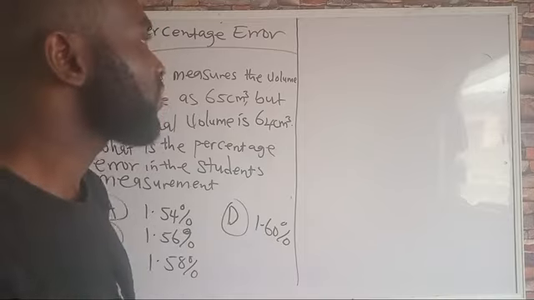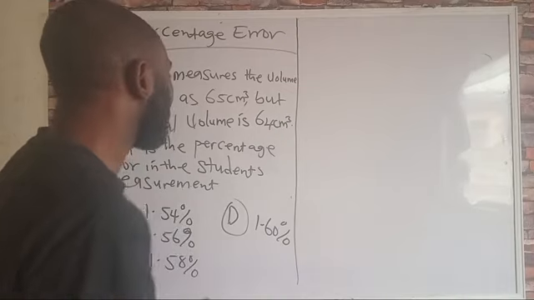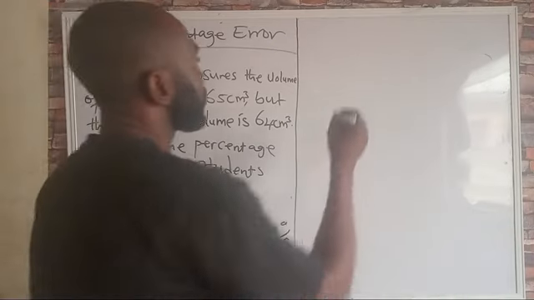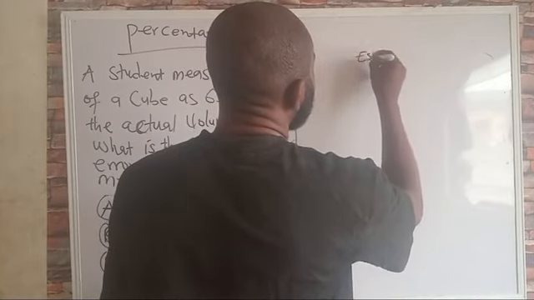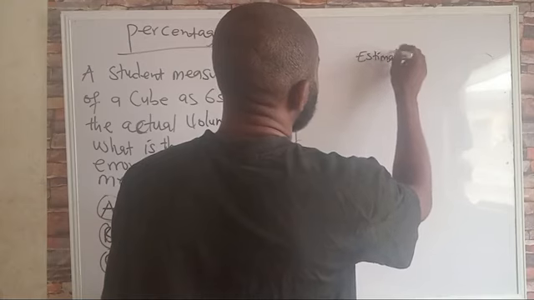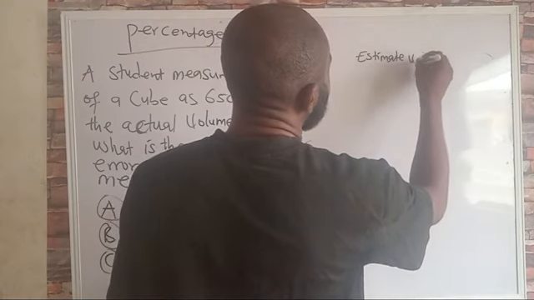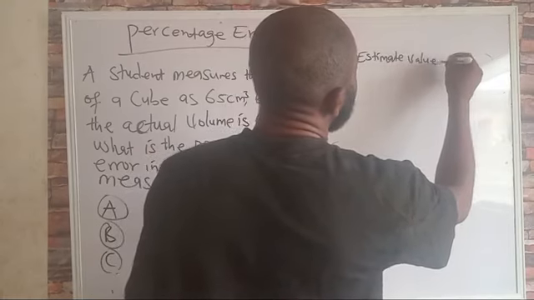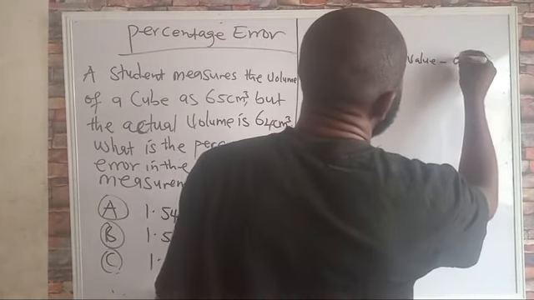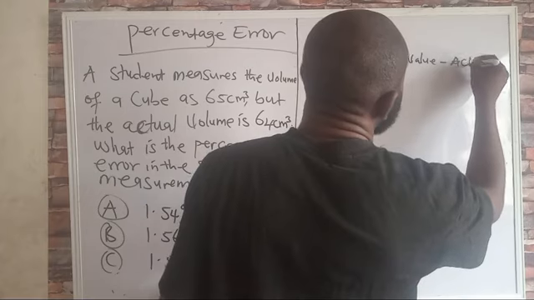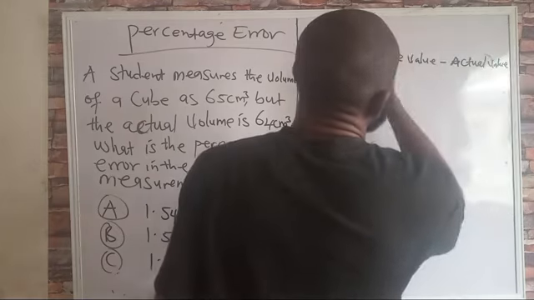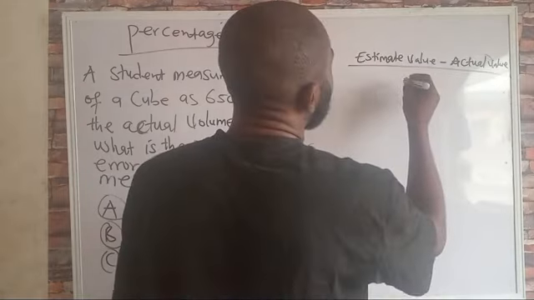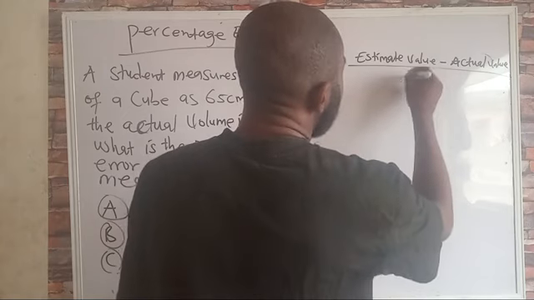So this is the formula for solving percentage error. You have estimated value minus actual value, divided by actual.